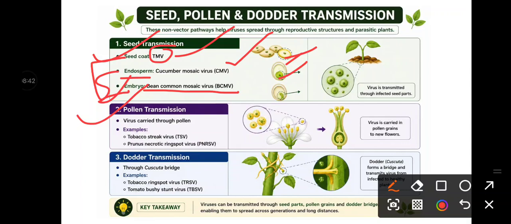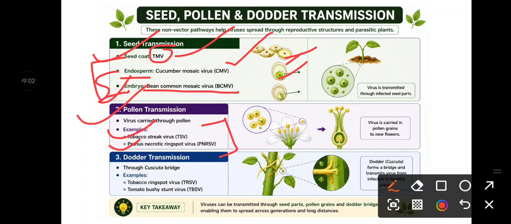Examples of viruses carried through pollen are tobacco streak virus and prunus necrotic ring spot virus. These are very important, most frequently asked questions.